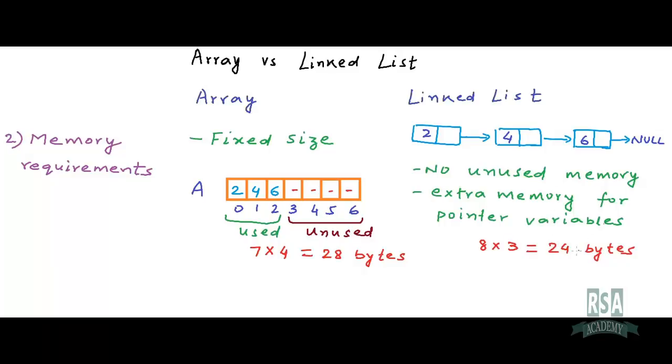So this is also 24 bytes. If we add one more element to the list in the array, we will just use one more position, while in linked list we will create one more node and will take another 8 bytes, so this will be 32 bytes. Linked list would fetch us a lot of advantage if the data part is large in size.